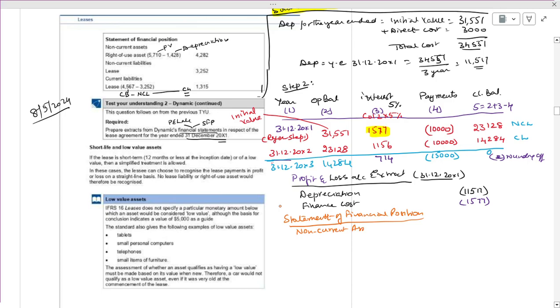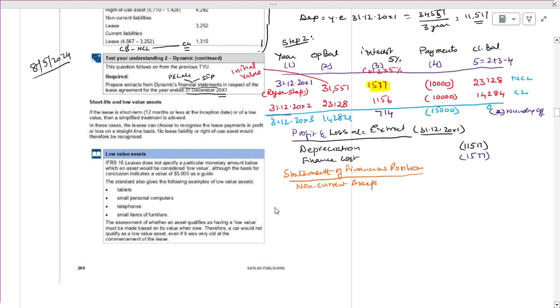Now you understand. We have taken it on lease. When we have taken it as a lease, we have to show it as a right of use asset. We have used it for 1 year.